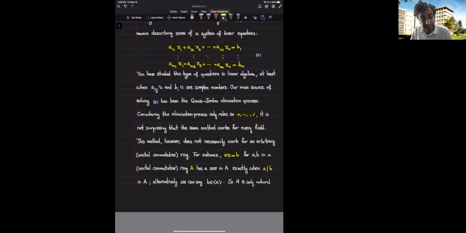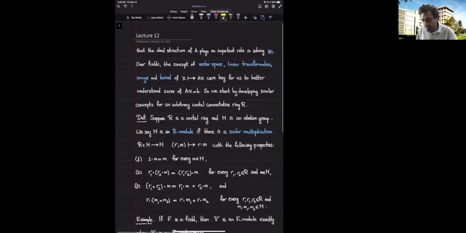Over a field, when we were discussing linear algebra, we've seen the importance of vector spaces, how to define vector spaces, how to think about, instead of the inhomogeneous solution of Ax equals b, the solution of Ax equals 0, which means the kernel of this linear transformation plays an important role.